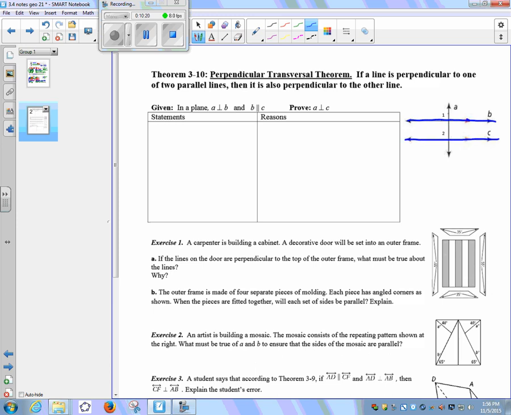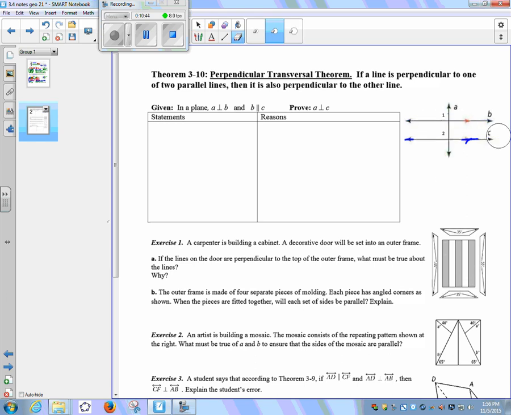We know the lines are parallel. Then you're given that this third line, A, is perpendicular to one of the lines. And you're trying to say then, oh, well, if it's perpendicular to one of the parallel lines, it has to be perpendicular to the other parallel line. That's what we're trying to show here.